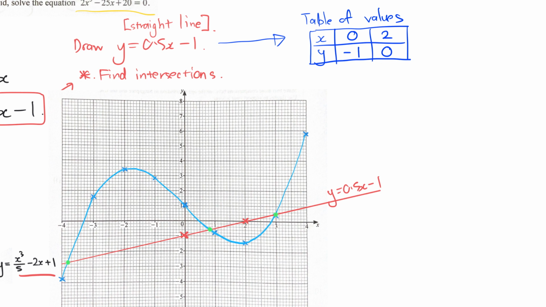So these will be your solutions to the equation, and reading the values, my solutions will be approximately negative 3.8 for the first one, second one 0.8 here, and last one at around 3. Yep, and that's it. So that is how you obtain your solutions to the equation by drawing a straight line on the graph. We are done.